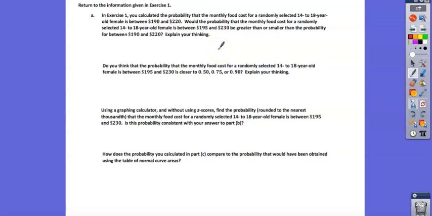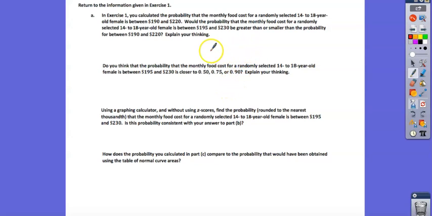In exercise 1, you calculated the probability that the monthly food cost for randomly selected 14 to 18-year-old females is between 190 and 220. And it said, would the probability that a monthly food cost for a randomly selected female is between 195 and 230 be greater than or smaller than the one between 190 and 220?